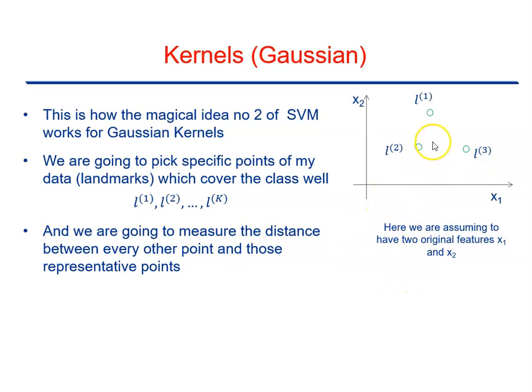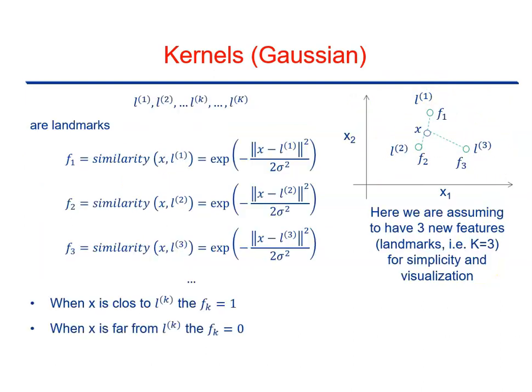And we are going now to measure the distance between all the points in our problem and these three landmarks. So for any point x in our problem, we calculate how similar x is to landmark 1, landmark 2, and landmark 3. And we use three functions for that. For example, f1 will be a function that gives the similarity between x and landmark 1, and that is expressed as a Gaussian function.